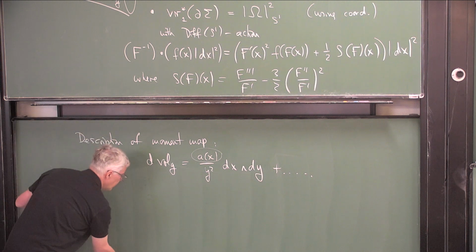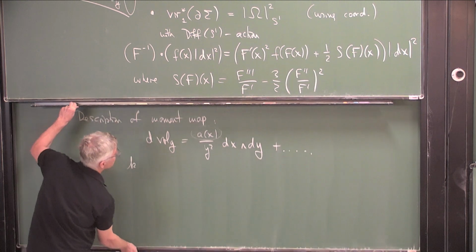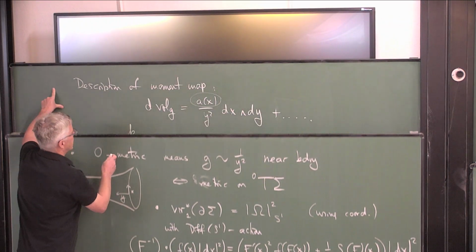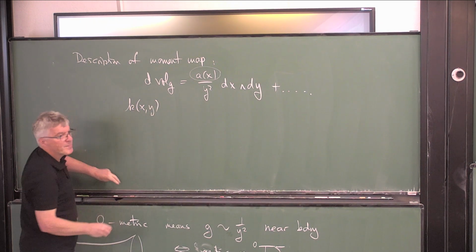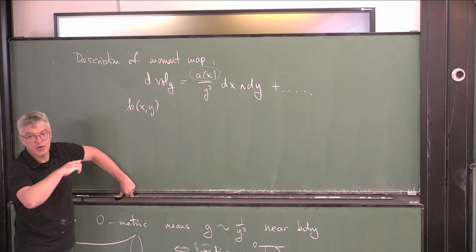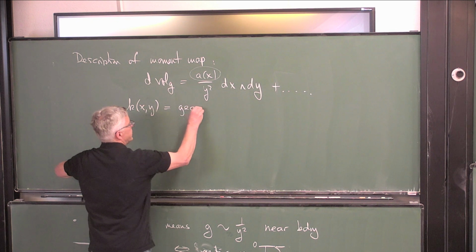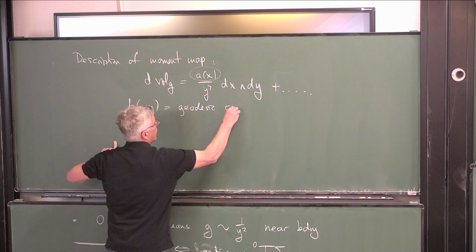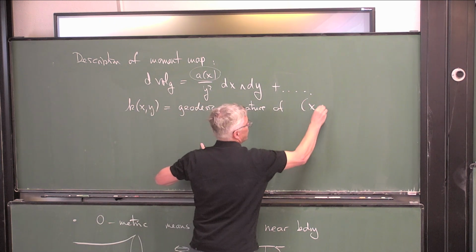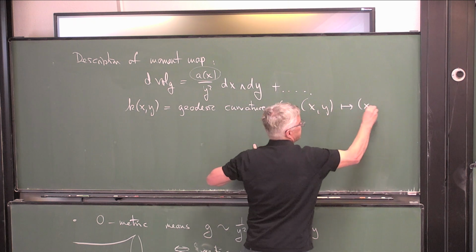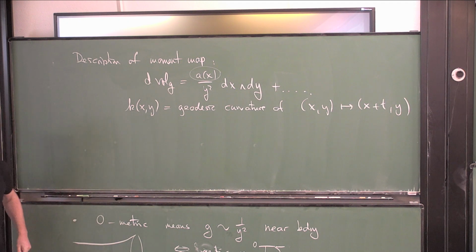And another ingredient we need is the function k of x and y, which is the geodesic curvature of the curves y equals constant, that is, of the curve x, y going to x plus t, y. So the level sets y equals constant.